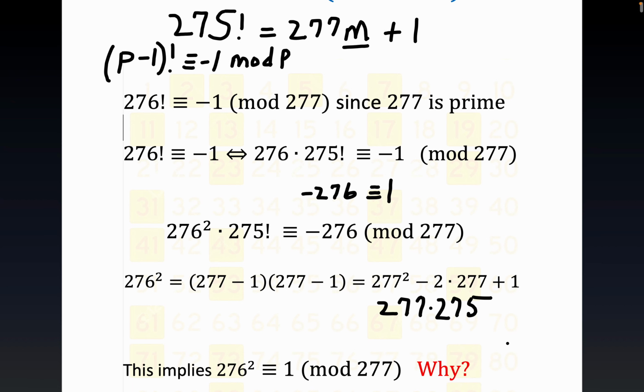So you see, we get this remainder of 1 right here. And so this implies that 276 squared has to have a remainder of 1 upon division by 277.